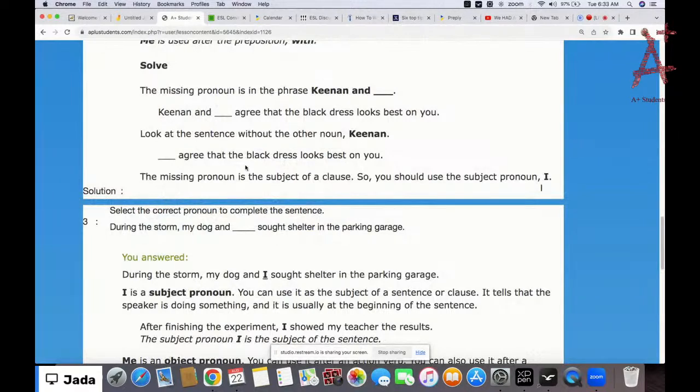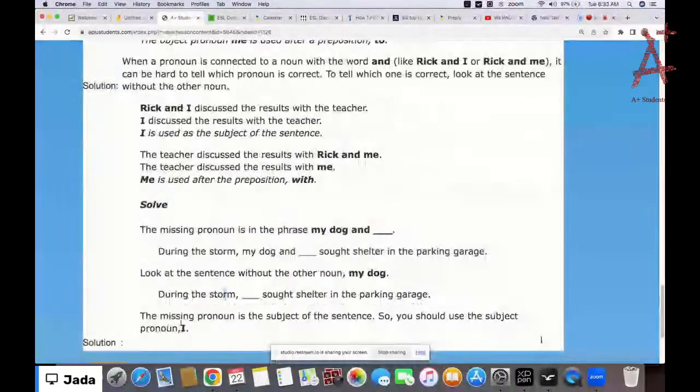Now, during the storm, my dog and dash sought shelter in the parking garage. During the storm, my dog and dash sought shelter in the parking garage. So now let's see. During the storm, you remove what? My dog, right? And then you find the other answer. So during the storm, I sought shelter in the parking garage. So if you say I, it's starting another sentence because you can see that there's a comma here.